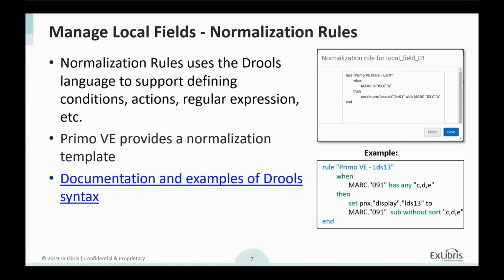There is the base syntax and structure of the normalization rule, and you can add or edit the relevant parts based on your need. This is a quite simple example of a normalization rule, and you can see that we have a syntax of how to write the conditions, actions, etc.